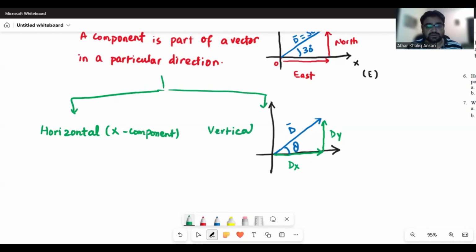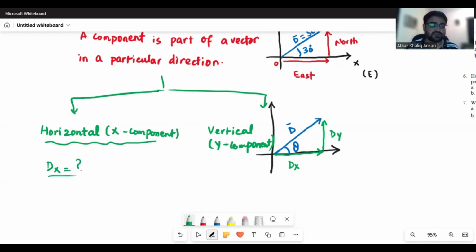So whenever we have any vector d, it may have two components. One is the horizontal component, as I mentioned here. The horizontal component is denoted by dx, and this can also be called the eastward displacement. So how to calculate this value?